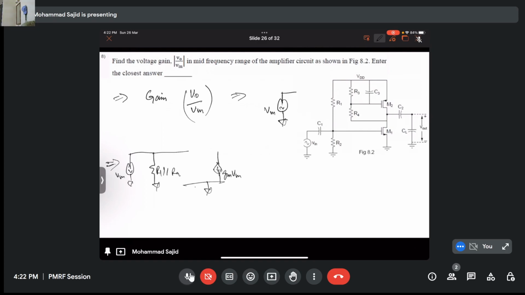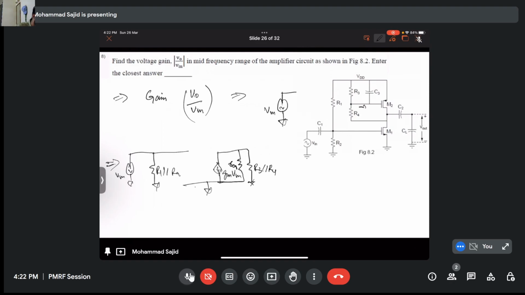Let's assume no current flows through here, so it will be R3 parallel R4, and channel length modulation is given, so this will be R naught 1, right?